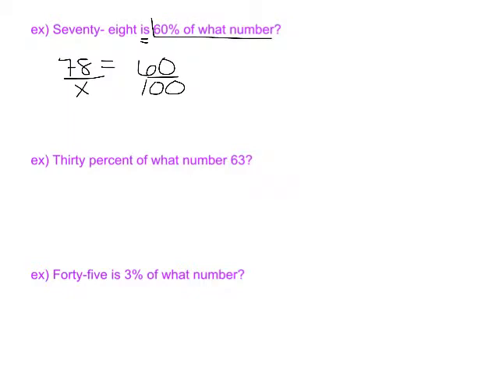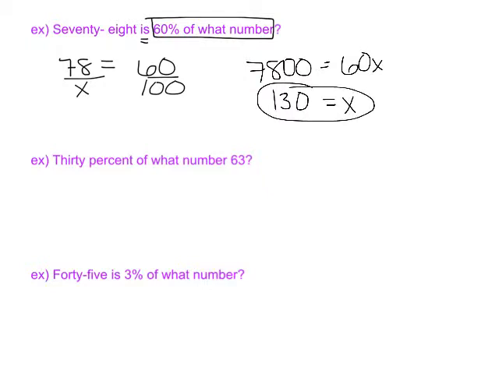Here I have that 60% times the number, and when I set my proportion up, those are across from each other. So I'm going to get 7,800 equals 60x. I'll divide by 60 on both sides, and I get that x equals 130. So 78 is 60% of 130.